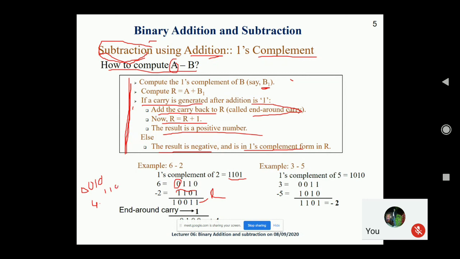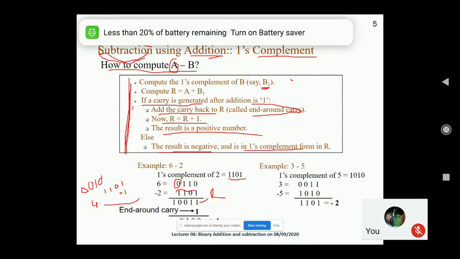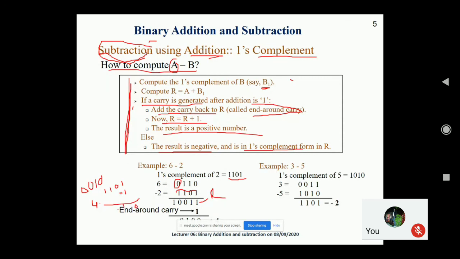Okay, good. But this one is not the 2's complement form. So for doing the 2's complement form, we are adding 1 here. So what are we getting? We are getting 0, 1, 1, 1, 0, 1, and 1, 1 equals 1, 0.